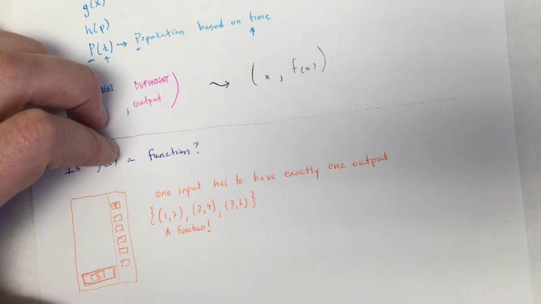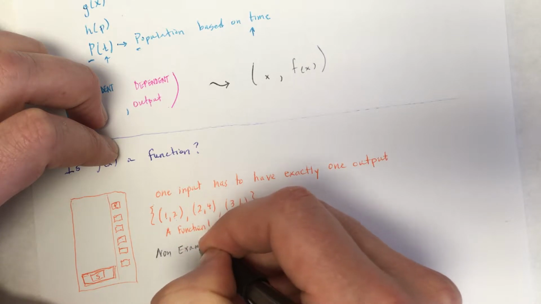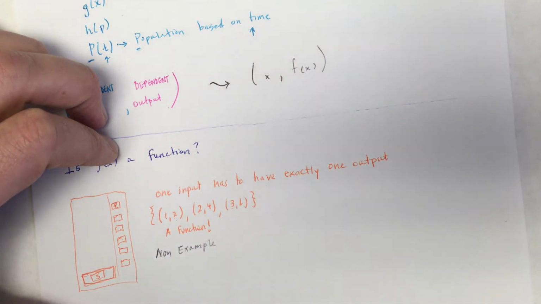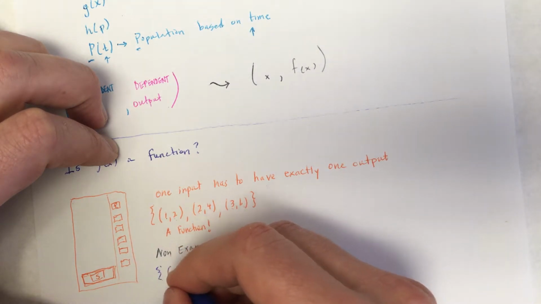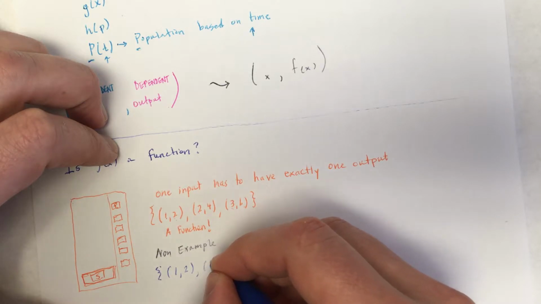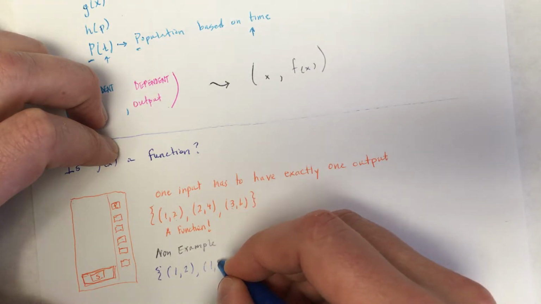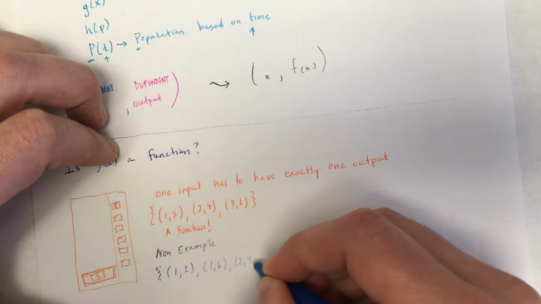A non-example would be something like 1 maps to 2, but 1 also maps to 6. And 2 can map to 4.